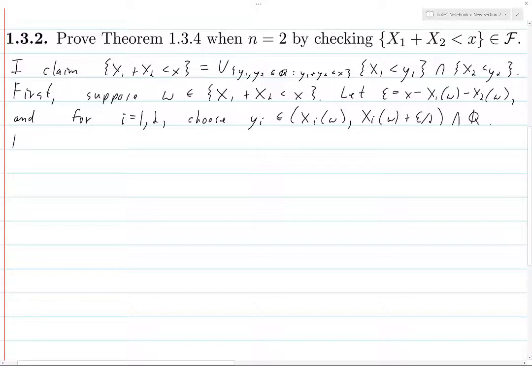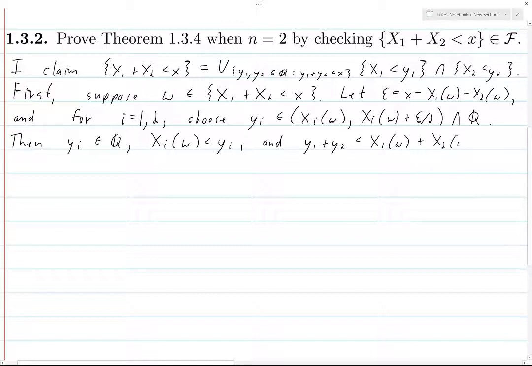Then for each i, yi is a rational number, and xi of omega is strictly less than yi by choice. And y1 plus y2 is strictly less than x1 of omega plus x2 of omega plus epsilon over 2 plus epsilon over 2, which is epsilon.